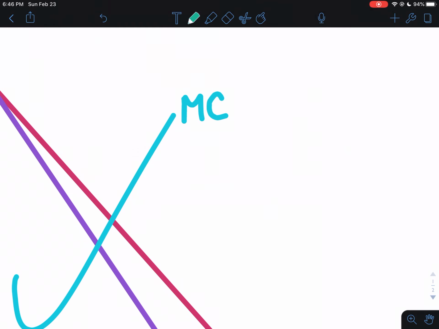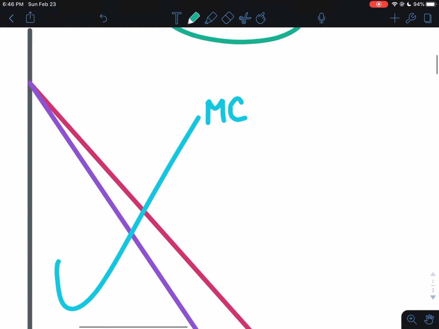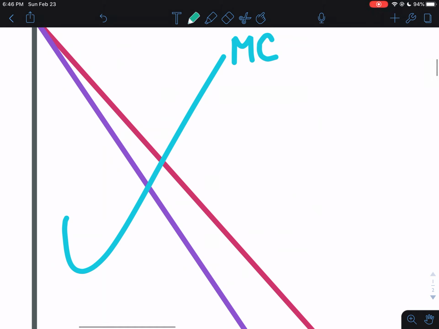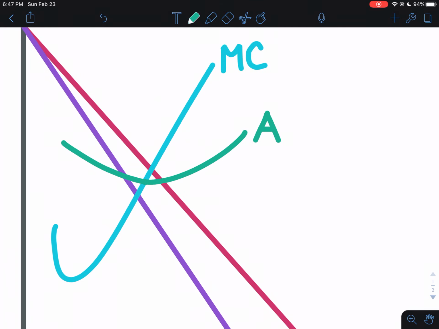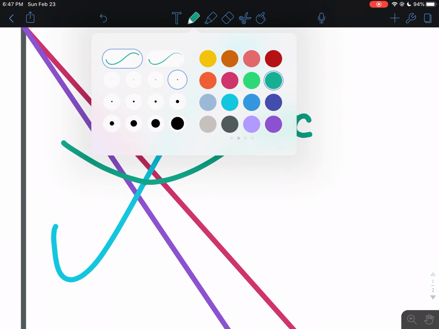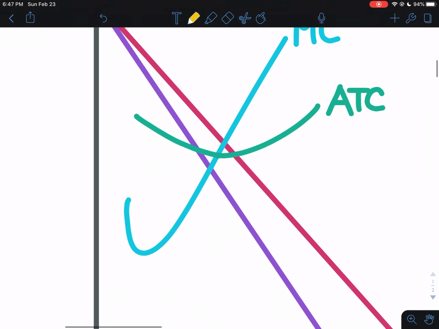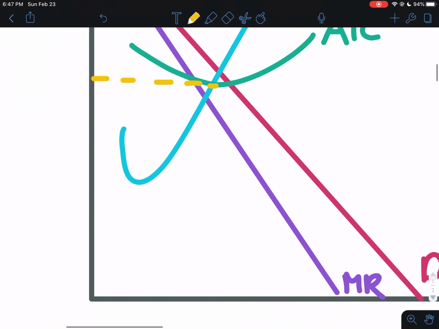So this is where the difference comes in between profit and loss. So we're going to graph our ATC, and it has to be below the demand curve because that means we're going to be making a profit and making more revenue than cost. Oh my gosh, that's not where I should be graphing over.